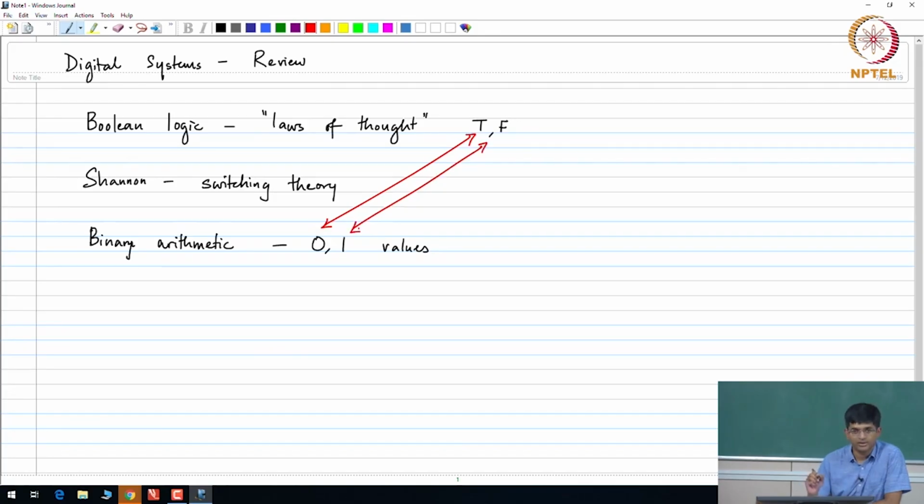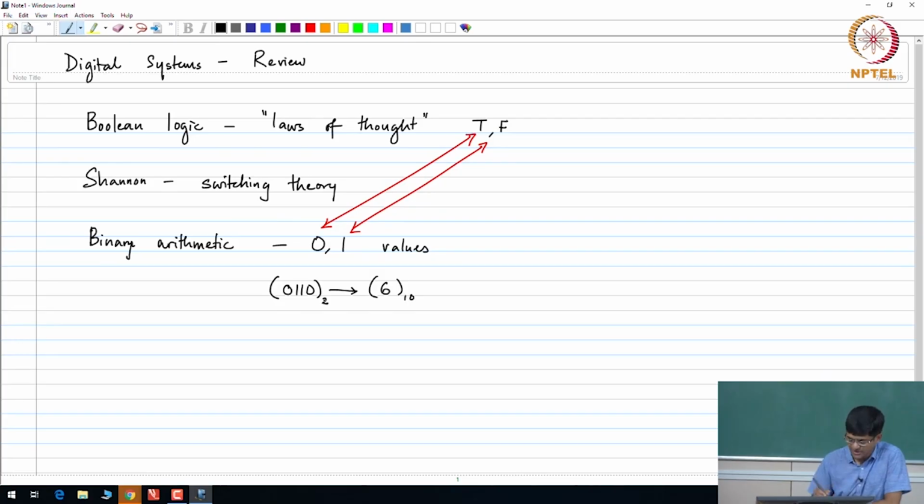Binary arithmetic, in other words, could use 0 and 1 values to represent and manipulate numbers. So, for example, a value 0, 1, 1, 0 could be interpreted using the place value system as 6 in the decimal system.